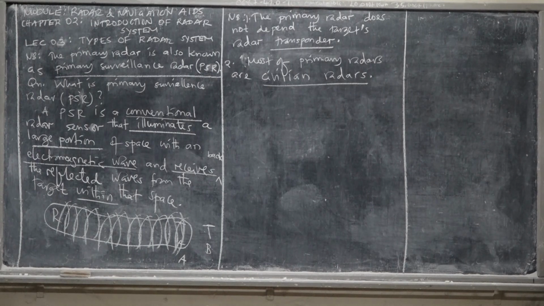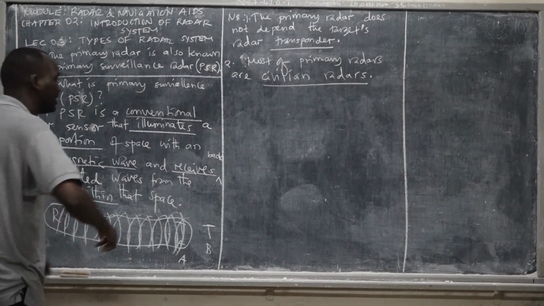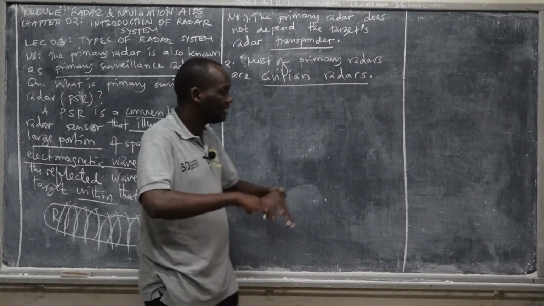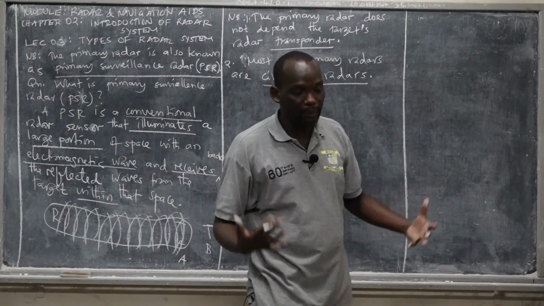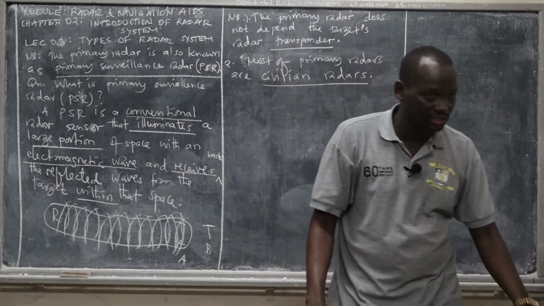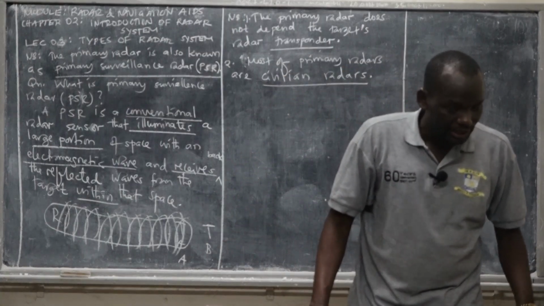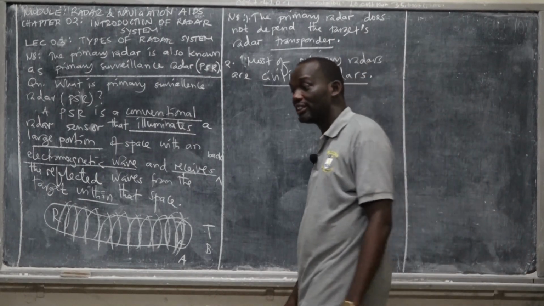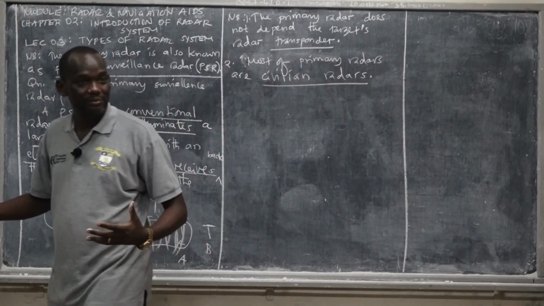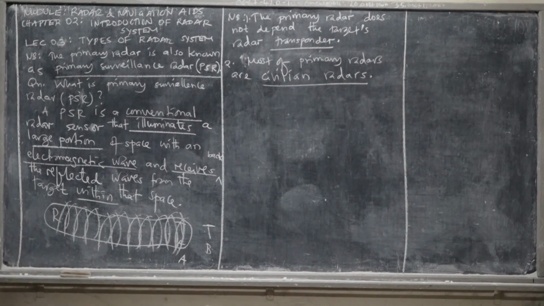Are we together? A civilian target is one visiting your place with a particular permission. Non-civilian means maybe it's an enemy. In a radar telecommunication system, we have just a friend target and a foe target.